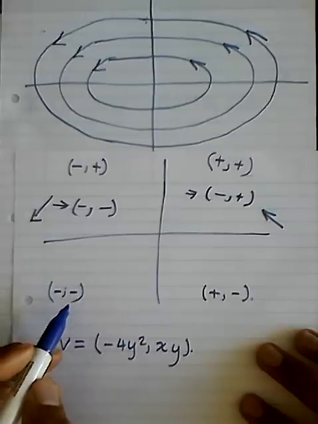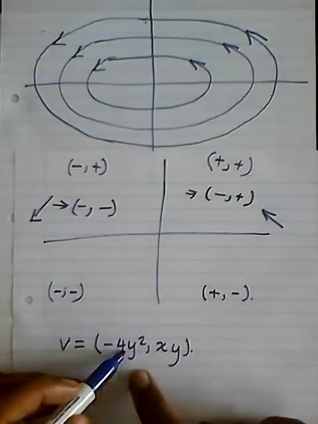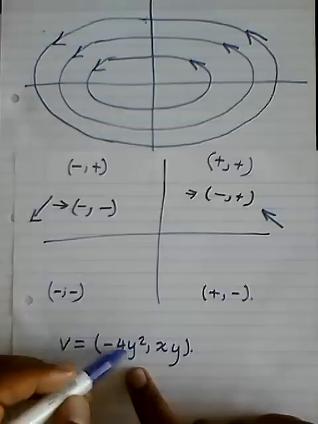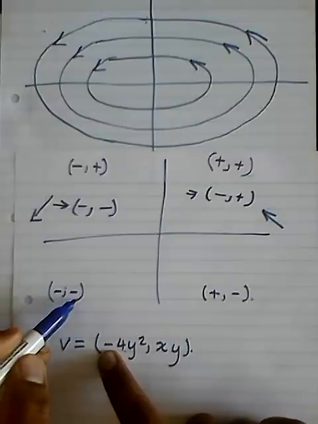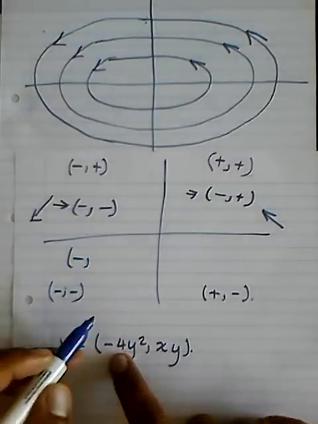Now on the third quadrant, we don't have x on the x coordinate of our vector, and y is negative, but we are squaring y, so it's going to be positive, and then we have an encountering negative here, meaning that the x component is going to be negative.